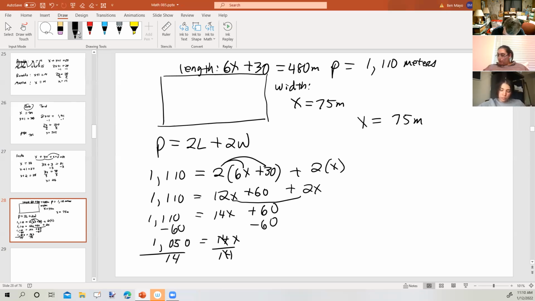Let's check our work. If that's true, then 1,110 equals 2 times 480 plus 2 times 75. 2 times 480 plus 2 times 75 is 1,110. Hooray, it checks.